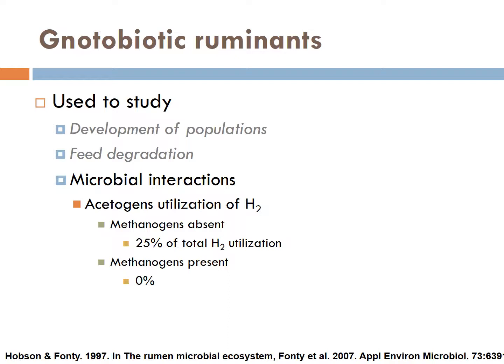When methanogens were present, however, the acetogens did not use any of the hydrogen, showing that they were outcompeted by the methanogens. This dovetails with our discussion of acetogens in the lecture on manipulation of fermentation. It confirms that acetogens are outcompeted by methanogens and are not a viable way to reduce methane.